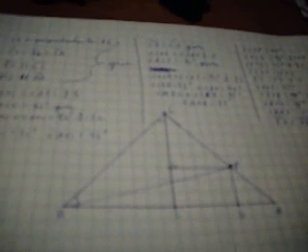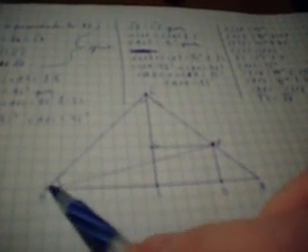He's wanting you to join point F to point G. And he wants you to make sure that the line between F and G here, this line right here, is parallel to AB. Well, that's okay, because that's another thing that's given. These are all just givens here. He gave you all of this. And then he gives you one last thing. He wants you to draw a line from point F to point A. Not sure why he wants you to do that just yet, but we'll get there in a moment.